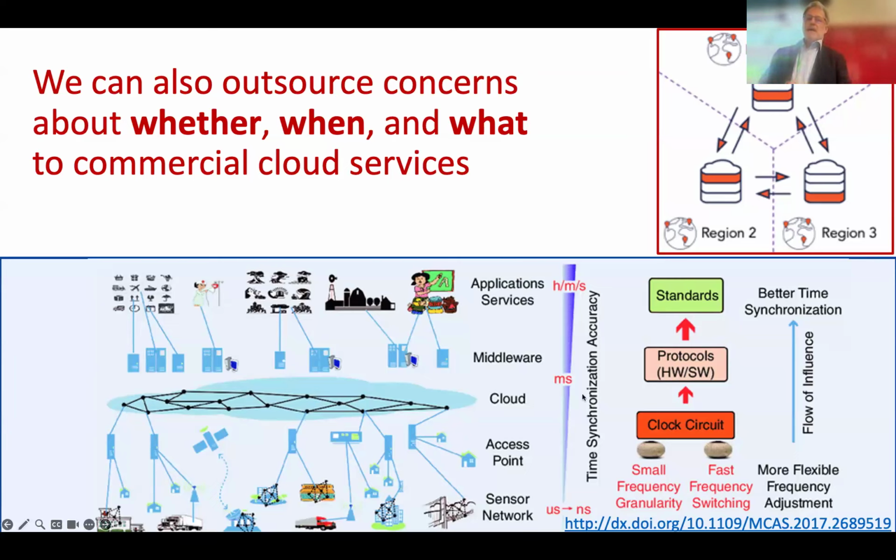And then in terms of being able to determine reliably whether something happened and what happened, that can be outsourced, handed off to some significant extent, to highly replicated, distributed, consensus-based systems in the cloud.